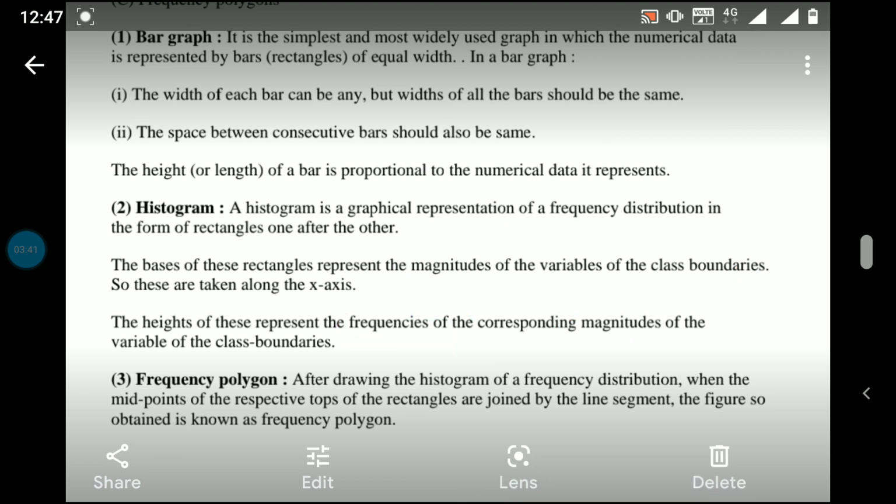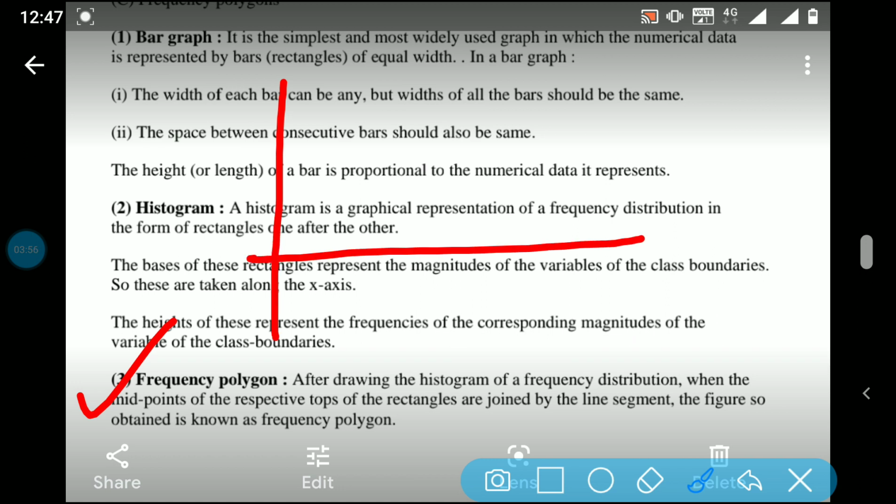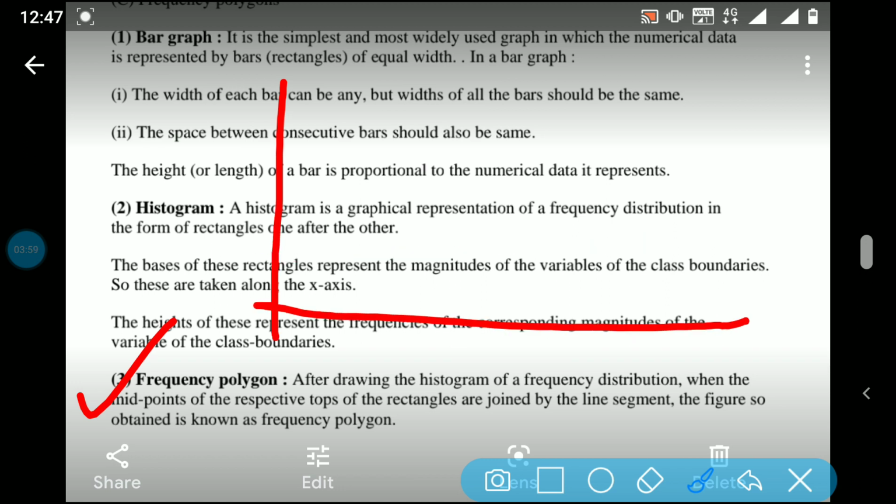And the next one is the frequency polygon. What is the frequency polygon and how will we represent it? These points also you have to remember, students. After drawing a histogram of a frequency distribution, like this, suppose we have drawn the histogram.